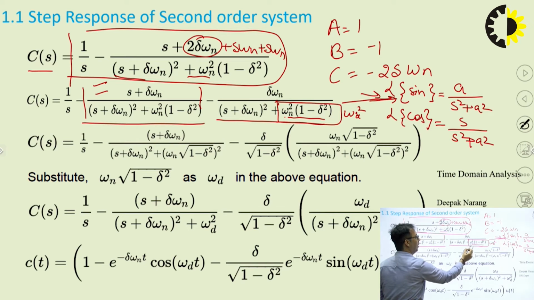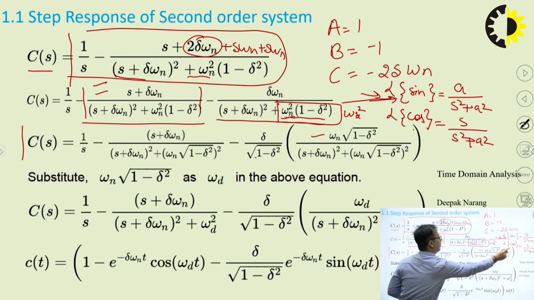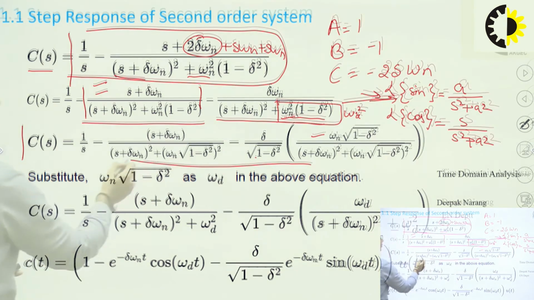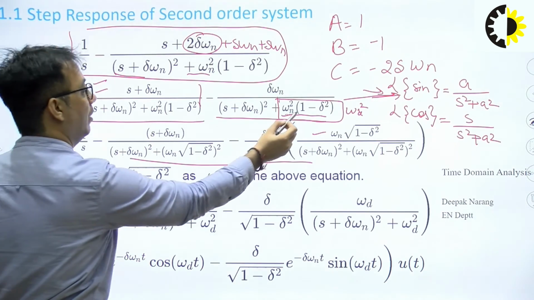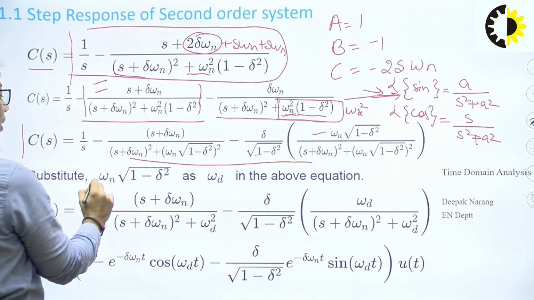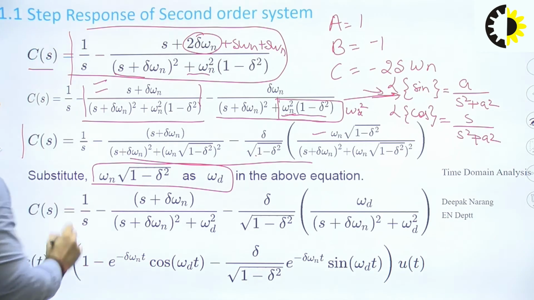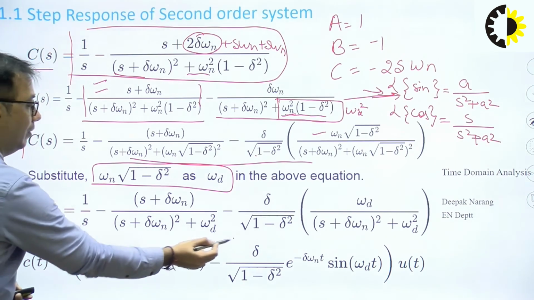So we just multiply this factor into numerator and denominator, and we get this equation. Just replace omega n square root of 1 minus delta square by omega d, the damped frequency, and we get this equation.